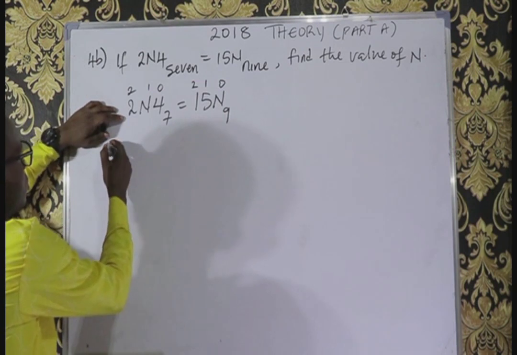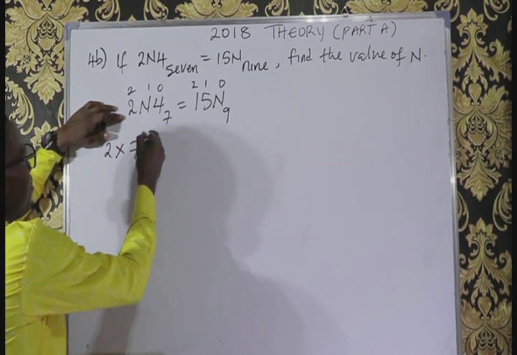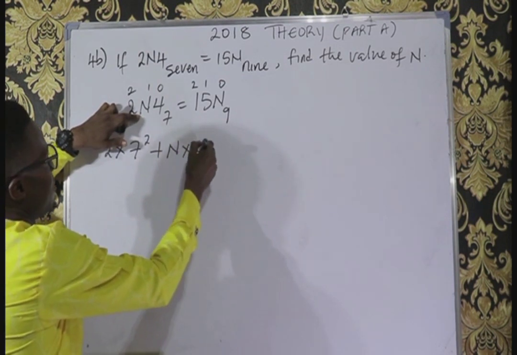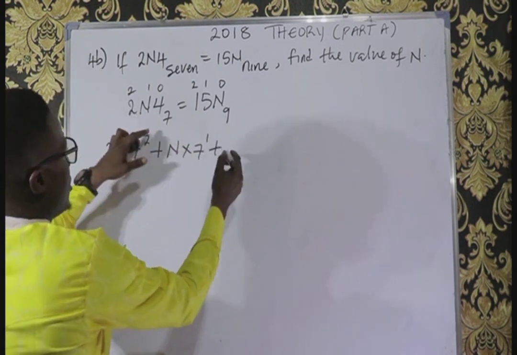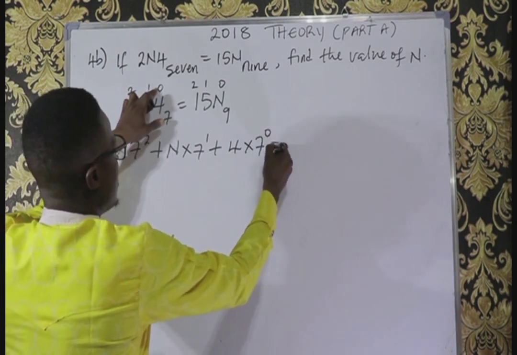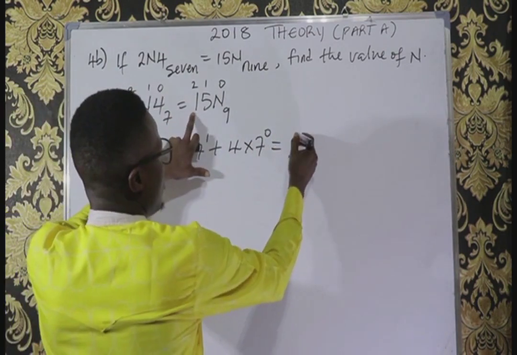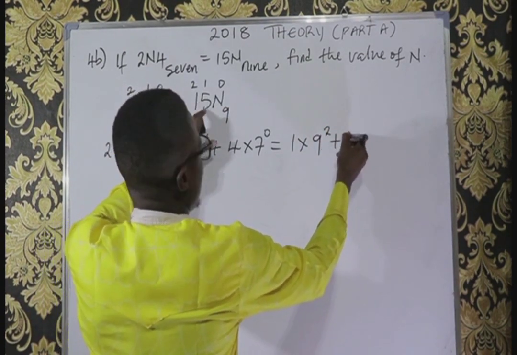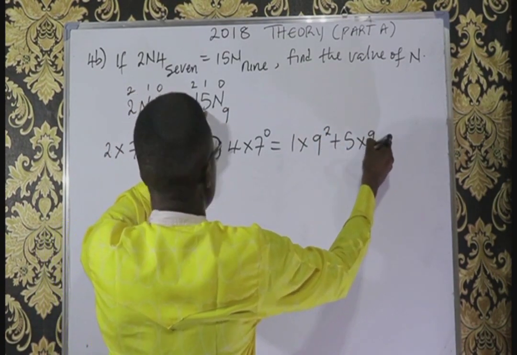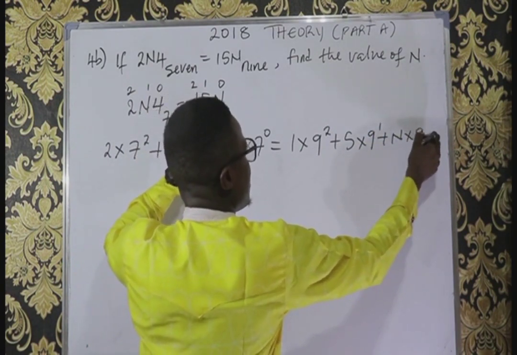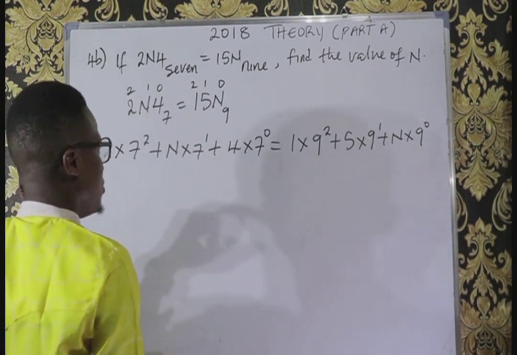So this is 2 times the base 7 power of 2 plus n times the base 7 power of 1 plus 4 times the base 7 power of 0 equals, here we have 1 times base 9 power of 2 plus 5 times base 9 power of 1 plus n times base 9 power of 0.